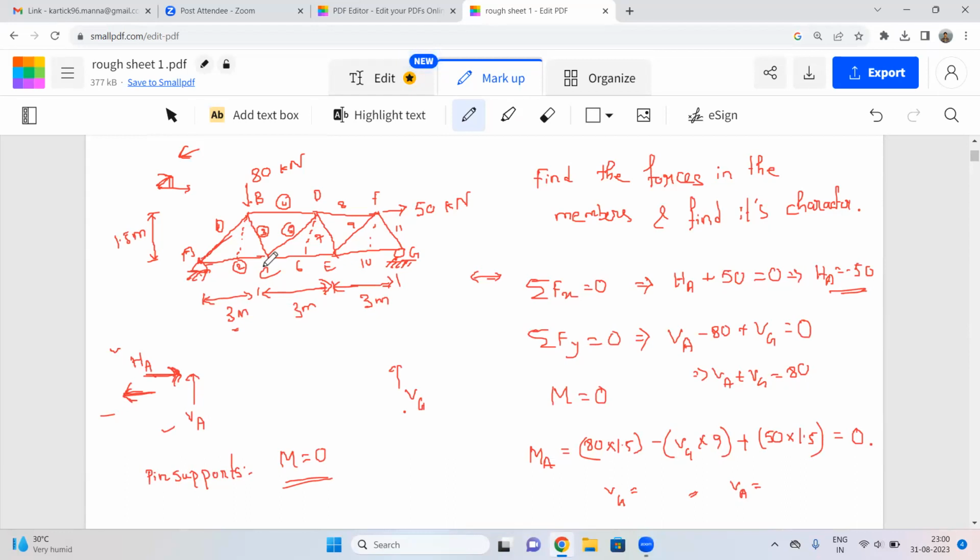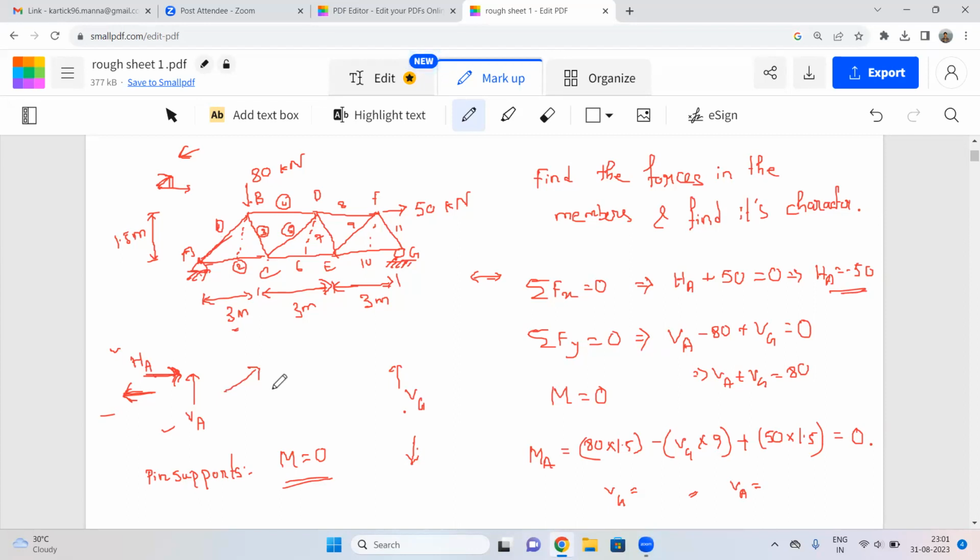Now similarly, think about point B. Just roughly we'll do that. For point B, 180 kilonewton force is there, right? Now from point A, what have we chosen? That AB in this direction.